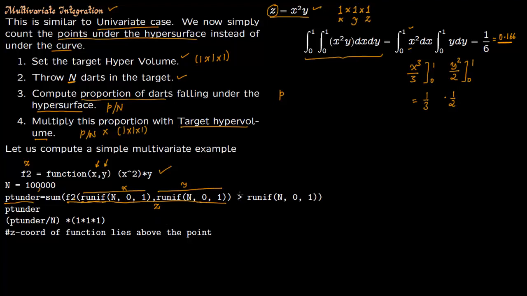So hypersurface lies above the z coordinate. So this is 3 dimensions. So this is the 3rd coordinate. So say you have a hypersurface, and anything which lies below, you're going to measure it in z axis. So z axis means that the function here.